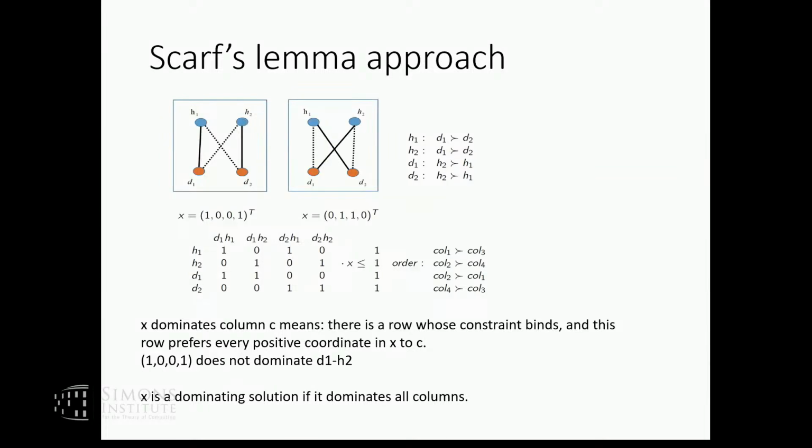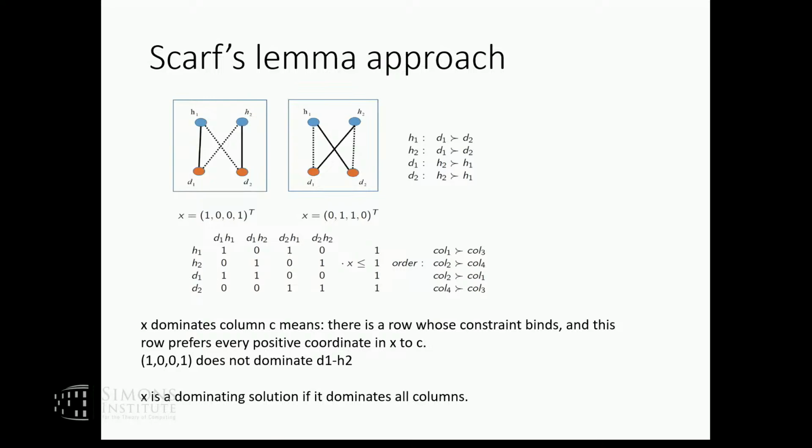There are two constraints here that could block, but in both of them the agents actually like it more than the existing positive coordinates. A dominating solution is a solution that dominates every column. That's the definition.